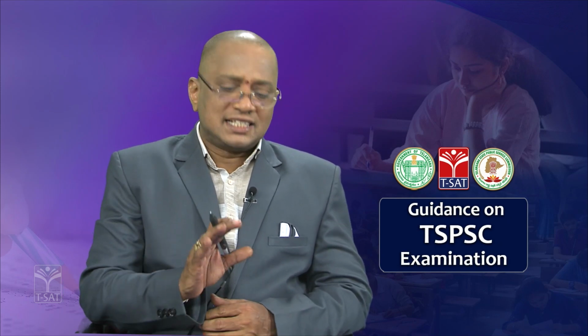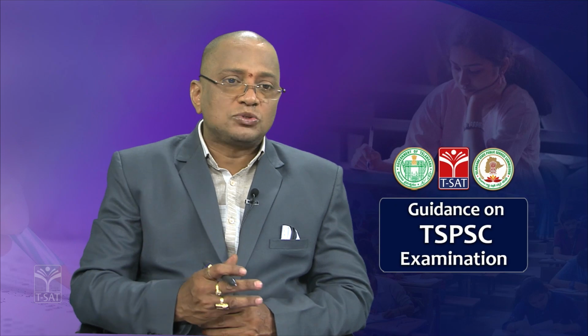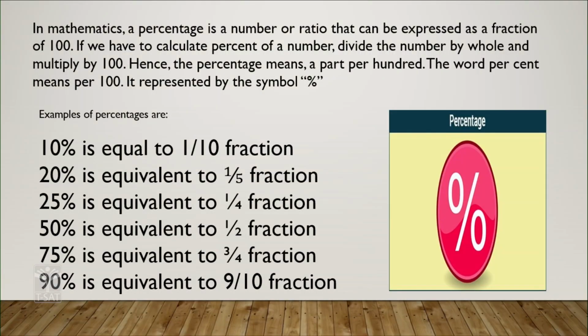The first one is percentages. As you know, in mathematics a percentage is a number or ratio that can be expressed as a fraction of 100. If we have to calculate a percent of a number, divide the number by the whole and multiply by 100. Hence percentage means a part per 100.